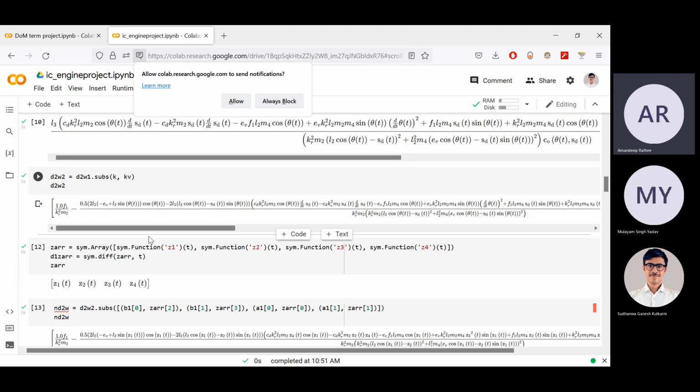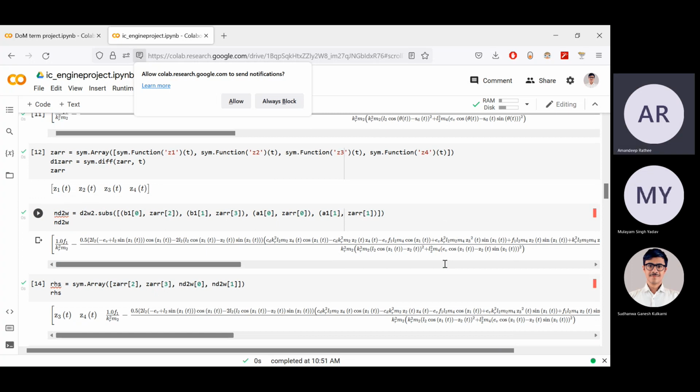Since it is not very easy to solve these equations, we have followed the principle of Hamilton. What the principle of Hamilton says is that instead of taking the number of equations equal to the generalized coordinates, we have taken equations equal to 2 times the number of generalized coordinates by assuming that Hamilton's principle is followed, which are taken as Z11, Z12, Z21, Z22, which are shown down.